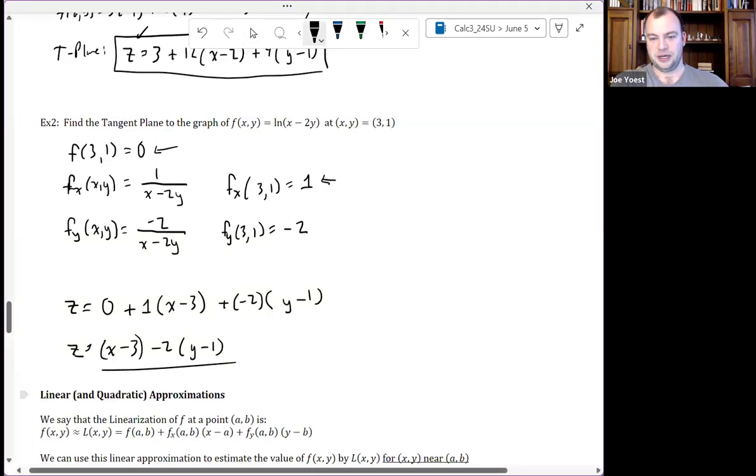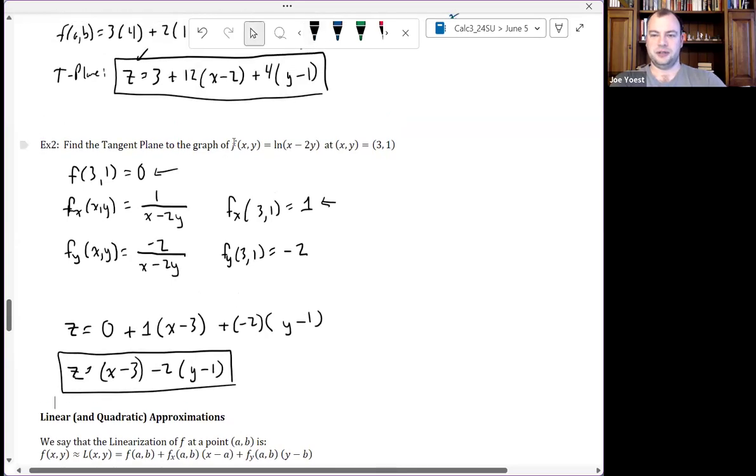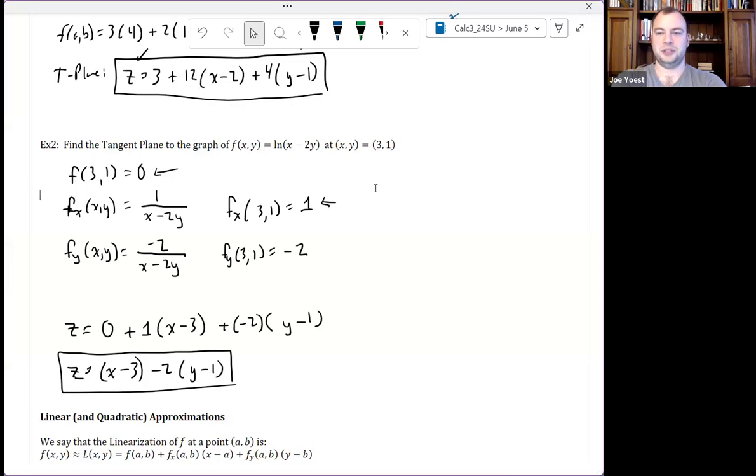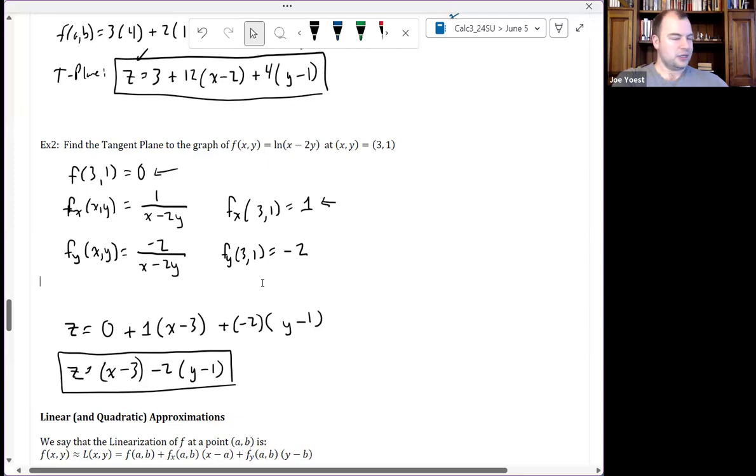So this would be my tangent plane to the graph of this function at the input (3,1), or at the three-dimensional point (3,1,0). Any questions?